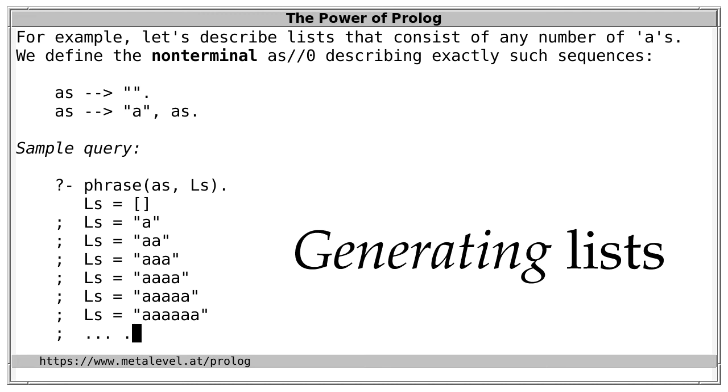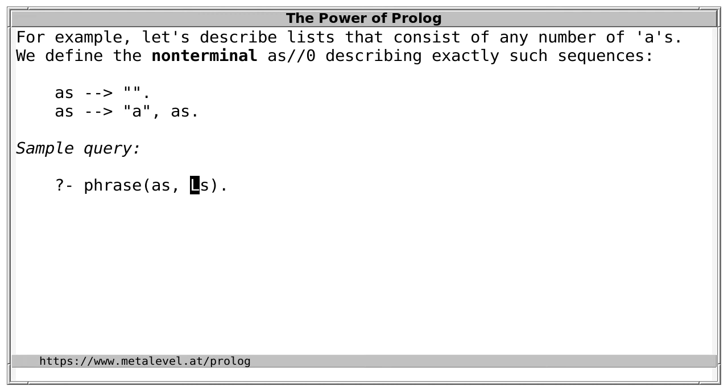So we see that we can use this definition to generate such lists. And we can do more. For instance, instead of using a free variable Ls here, we can state a more concrete term, such as this list where a few elements are not known. And as answer, we get again a concrete solution. This says the list is a solution if X is a and Y is a. And that's the only solution.